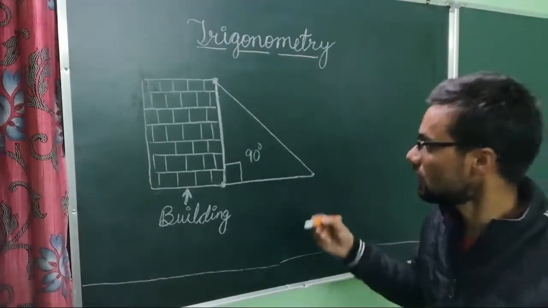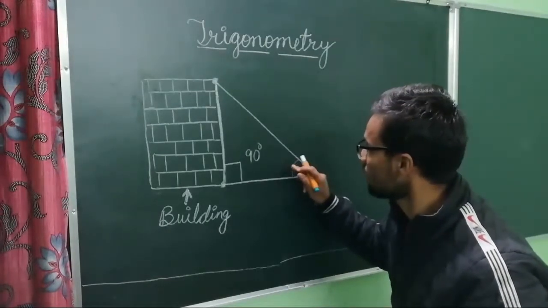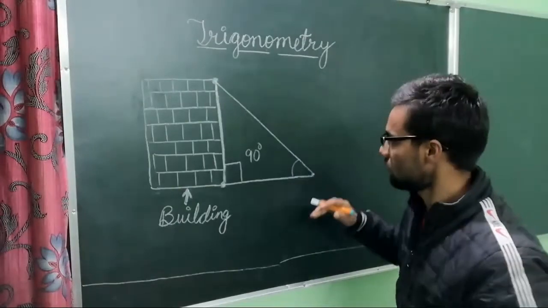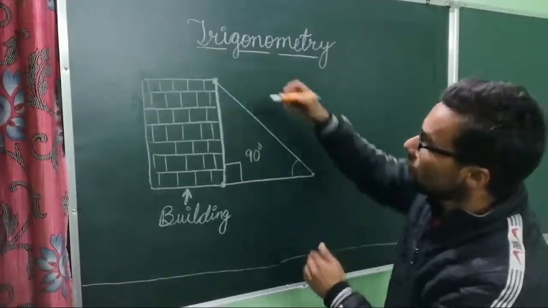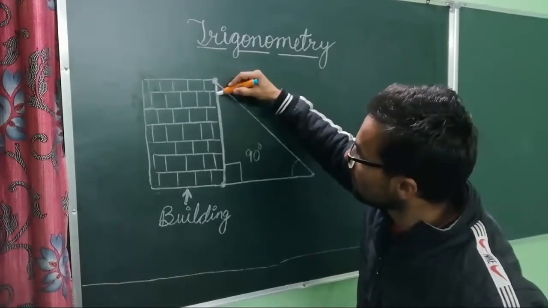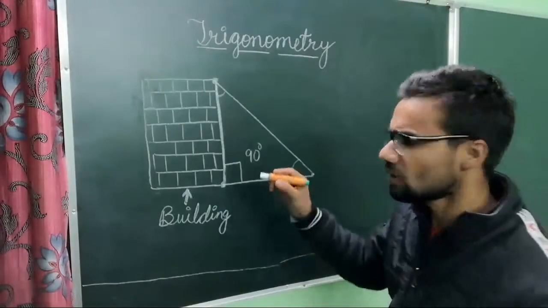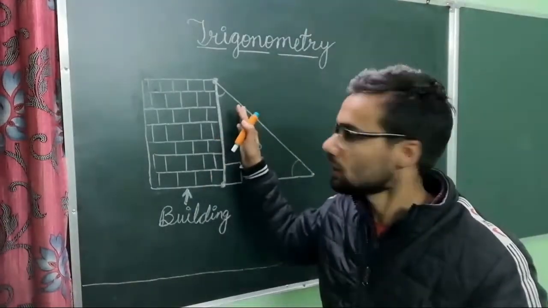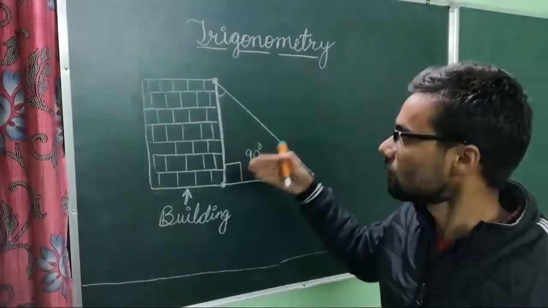So dear student, if you look from this point, this angle is called the angle of elevation, and if you look from this point, then this angle is called the angle of depression. You never need to cram all these things. You can learn them later on one by one.